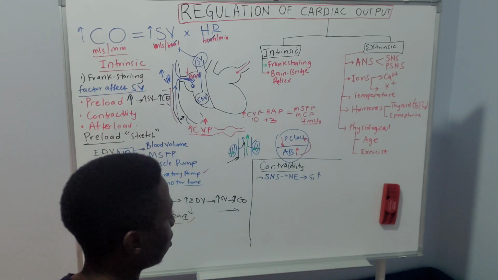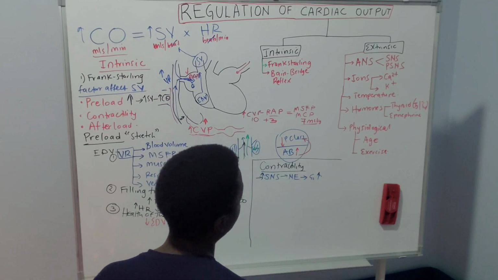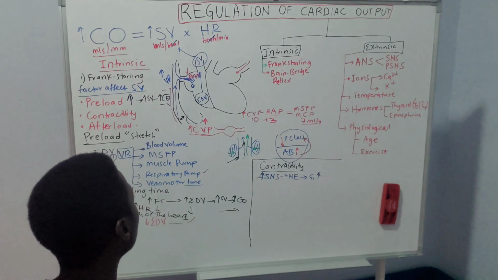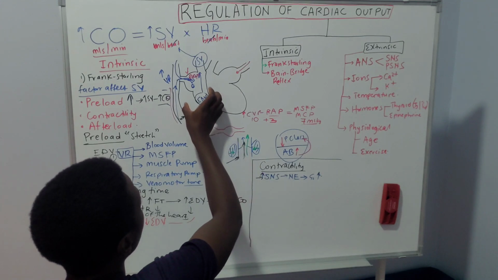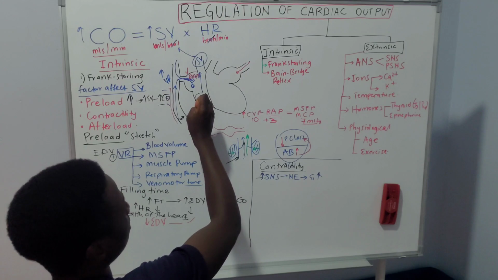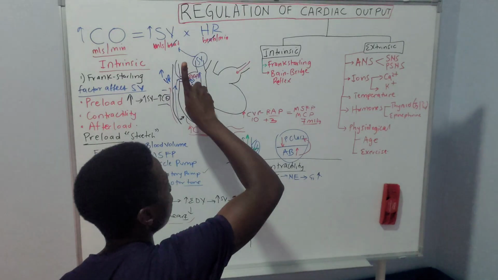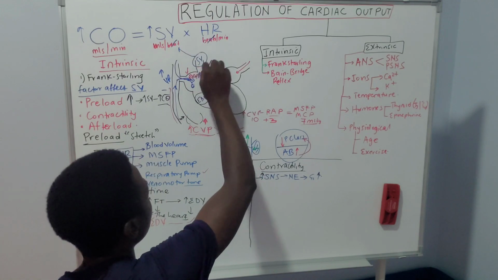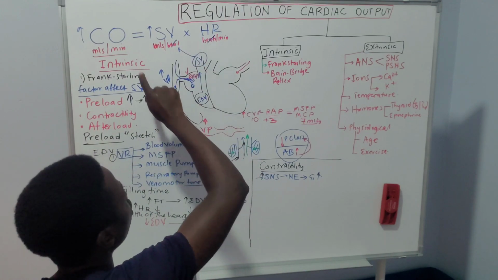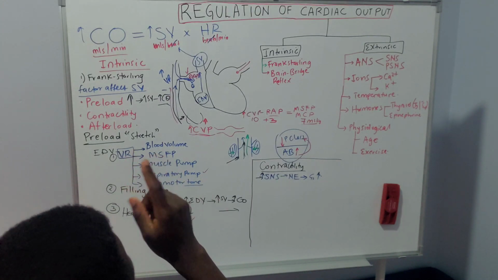More of the contraction. So the increase of sympathetic activity will increase the contractility of the muscle, and eventually that will increase the ejection ability. So when you contract the ventricles much more strongly, you're going to be able to eject a good volume of blood, which is the stroke volume. And the increase in the stroke volume obviously will increase the cardiac output.